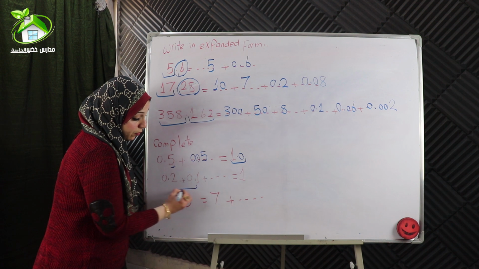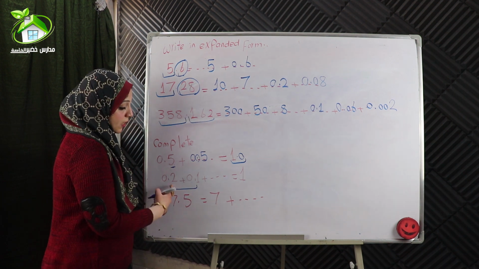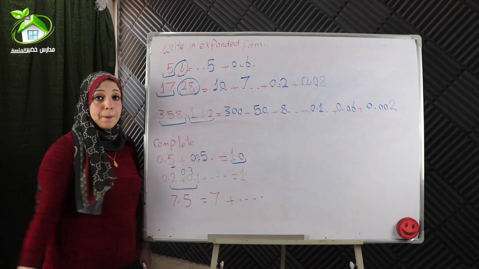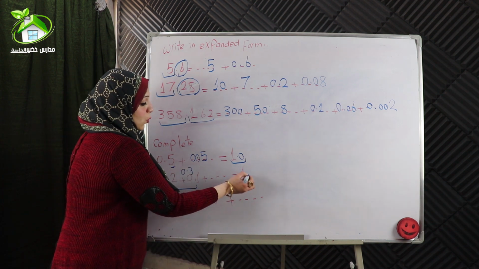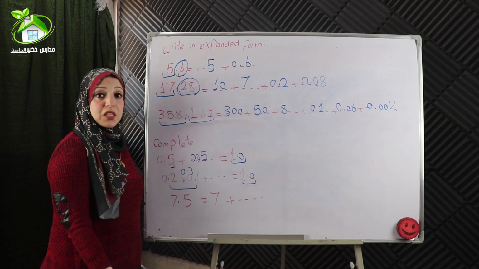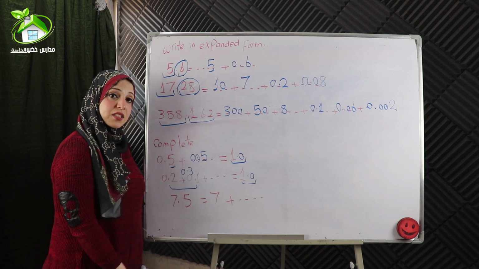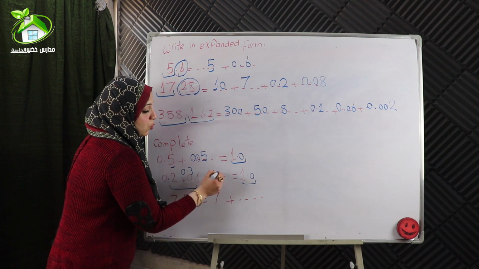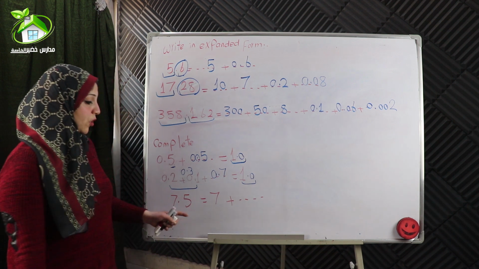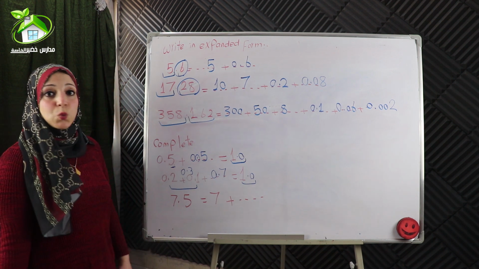I get the sum of the two decimals first. 0.2 plus 0.1 equals 0.3. Plus what equals 1? I consider 1 as a 10. 0.3 plus what equals 10? 3 plus what equals 10? Equals 7. So 0.7.